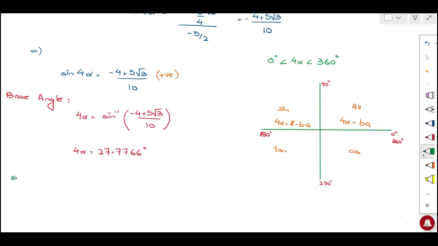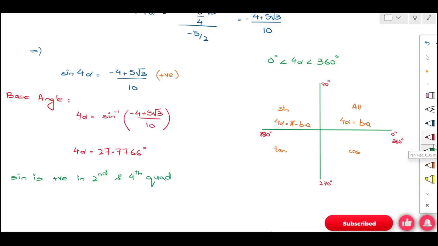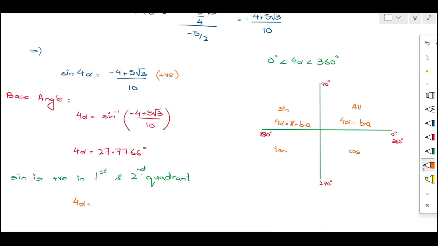Okay, now we can say sine is positive in the second and fourth quadrant. Sorry, first and second quadrant, I messed up, sorry. Sine is positive in the first and second quadrant. So what is the angle in the first quadrant? Your angle value is 4 alpha, and that is your base angle, which is 27.7766 degrees.